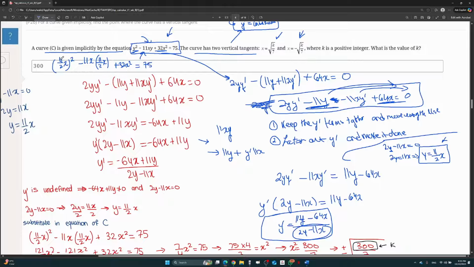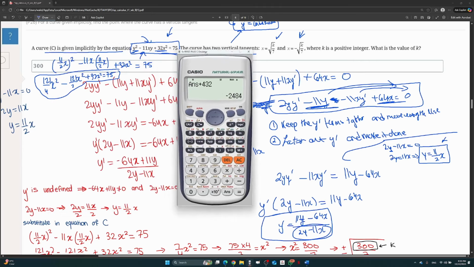Let's continue solving. This is going to become 121 over 4 x squared minus 121 over 2 x squared plus 32 x squared is equal to 75. You get this? Okay, let's simplify: 121 over 4 minus 121 over 2 plus 32.